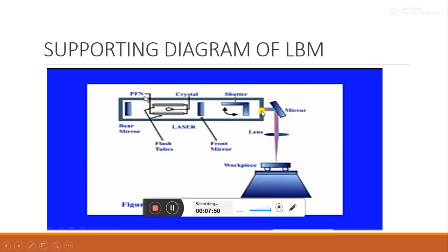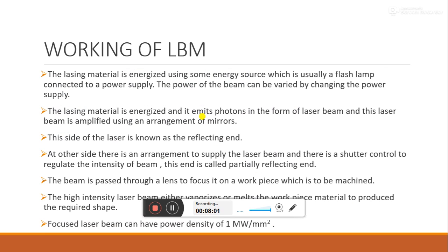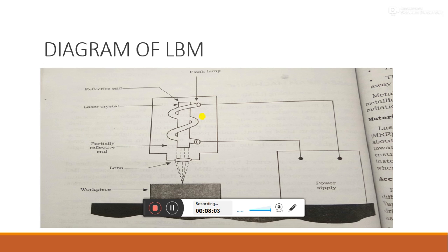It is a small lens or something like that. This region is called the partially reflecting region, and that is shown here.